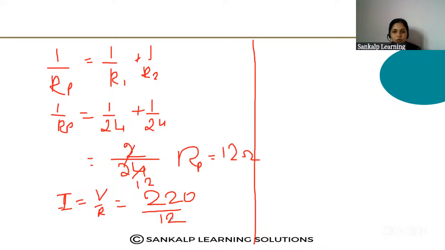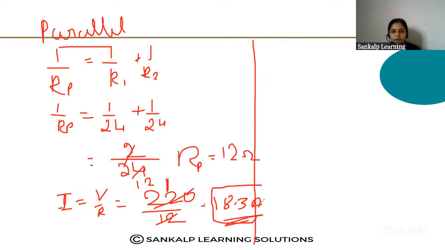So I is equal to 220 divided by 12, that is equal to 18.3 ampere. So when it is connected in parallel, that is the current flow, 18.3 ampere.